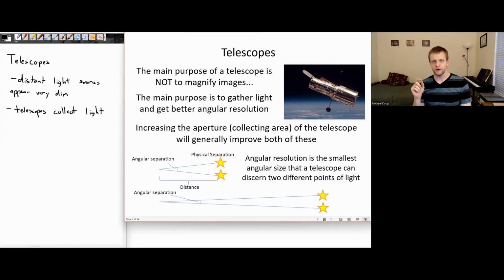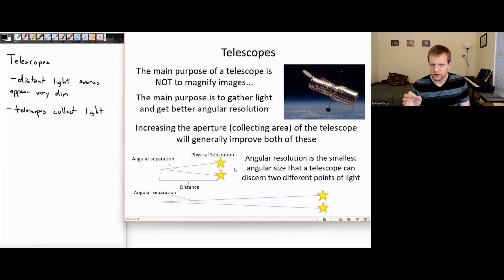If that car is far enough away, those two headlights are going to get so close together, such a small angular separation, that it's going to just look like one headlight. If there's a little bit of blurriness to it, it's going to look like one headlight. And it's not until that source gets closer that you actually can resolve that with your own eyes into, oh, there are two headlights there.